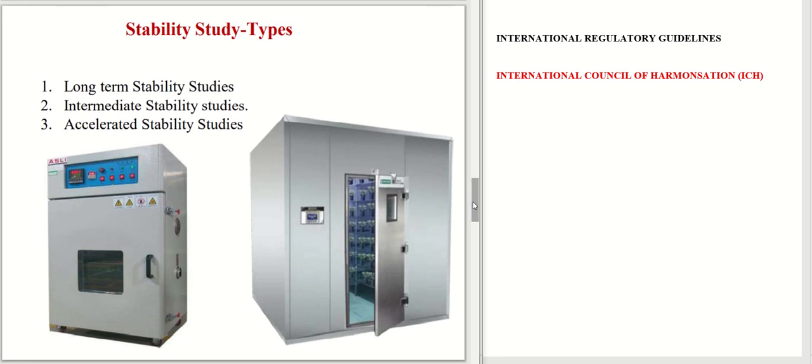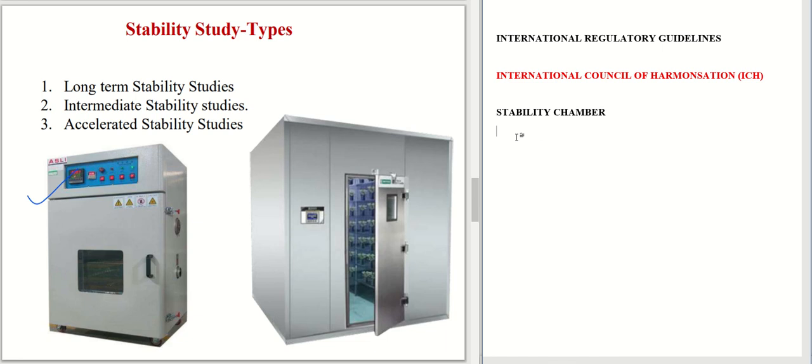Now we will be studying the types of stability studies. The types of stability studies include long-term stability study, intermediate stability study, and accelerated stability study. In this picture, we are seeing a stability chamber. Now, let's see the beauty of the stability chamber.